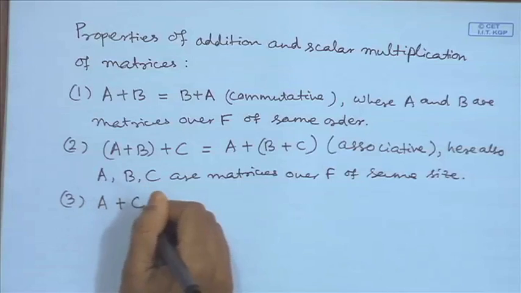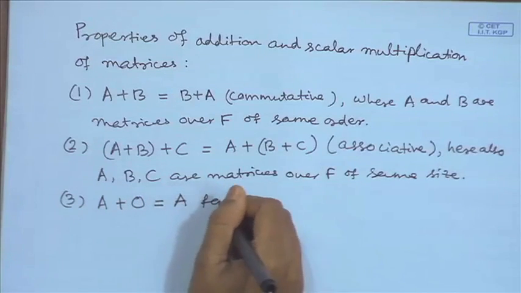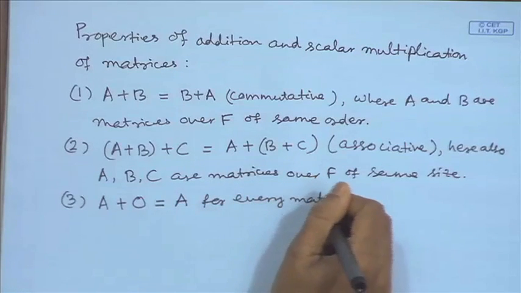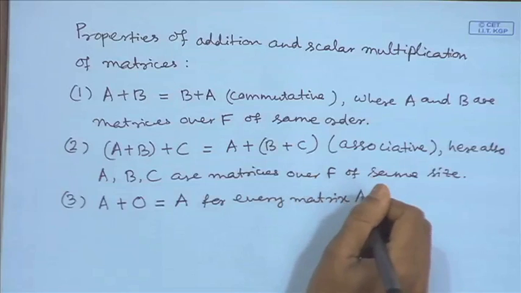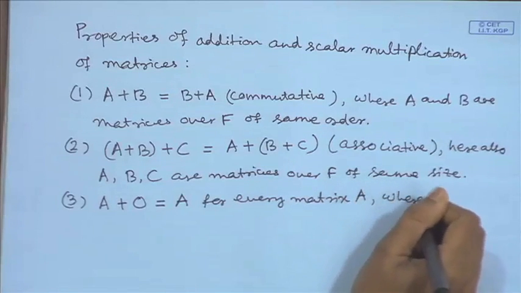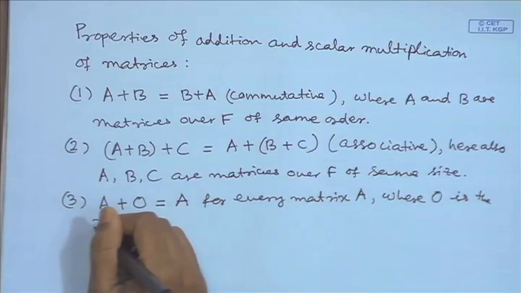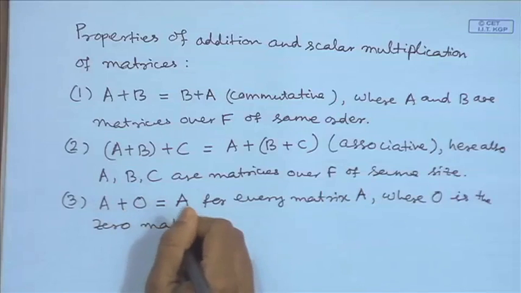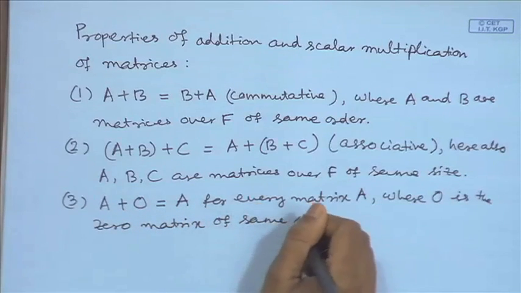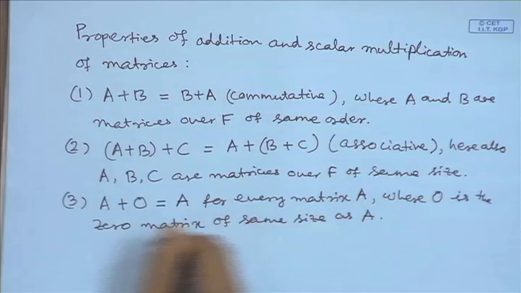If we add the 0 matrix, then A plus 0 is equal to A for every matrix A. Of course, the size of A and the size of 0 are same.